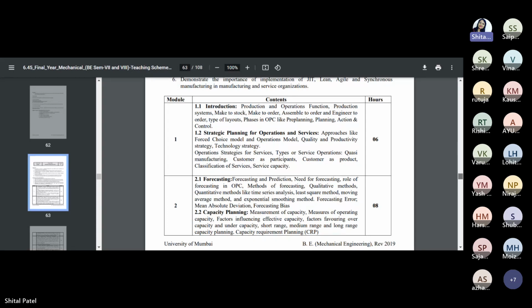Next, classify the services. Explain the service capacity. Okay, so completely theory portion or theoretical questions are going to be asked from module number 1.